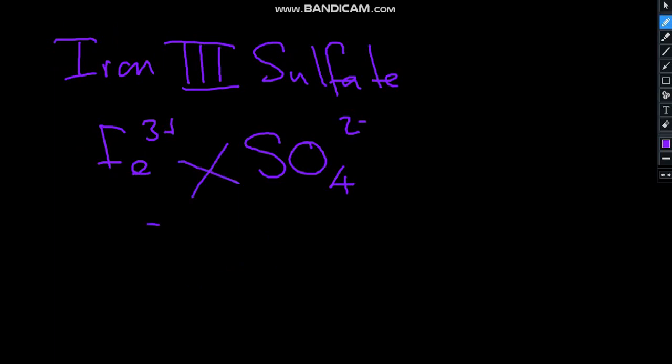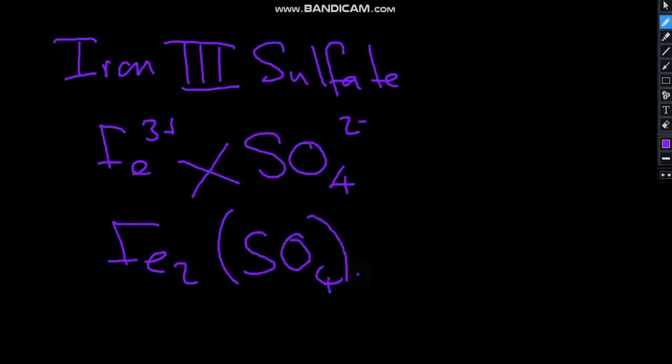So iron will have a 2. Then a sulfate, you open bracket SO4 close bracket 3. So it will get the charge for iron there. So this becomes iron 3 sulfate.